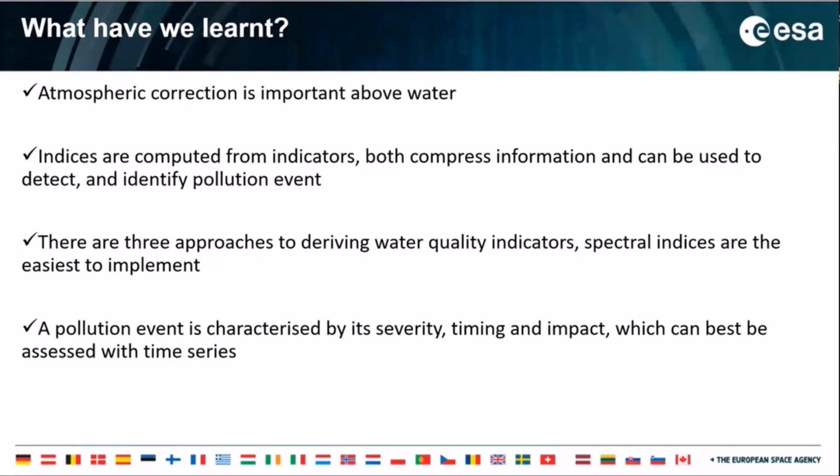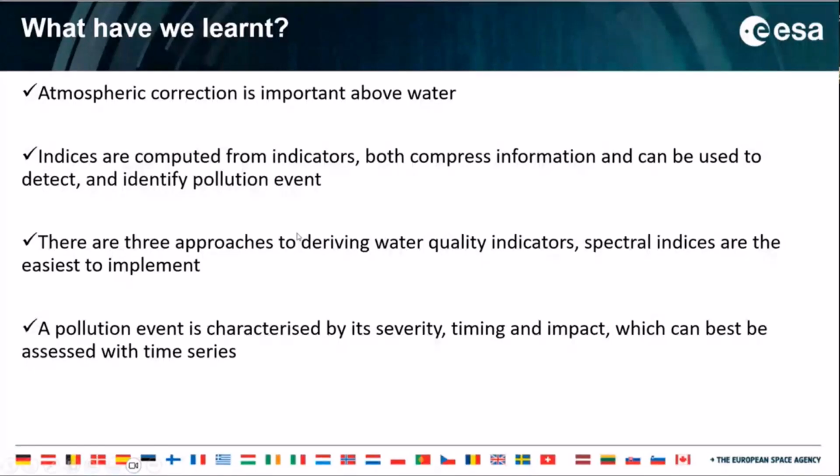Indices in most cases are computed from indicators, but normally we refer to more than one band at least. But they both compress the information. As you see, you put two bands in one index and you say this is more related to chlorophyll, for instance, or to eutrophication based on physics.